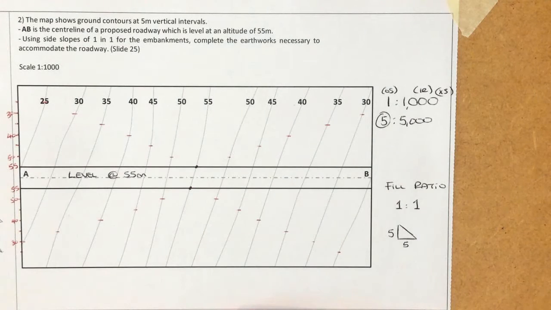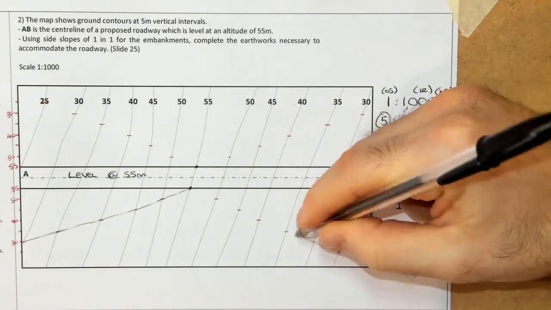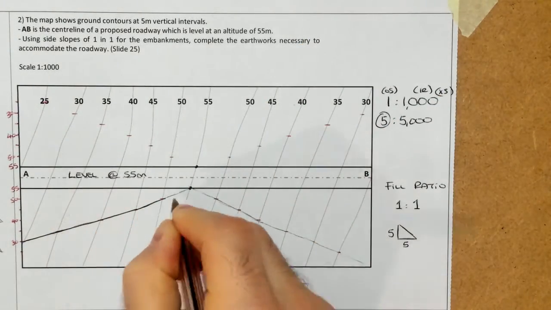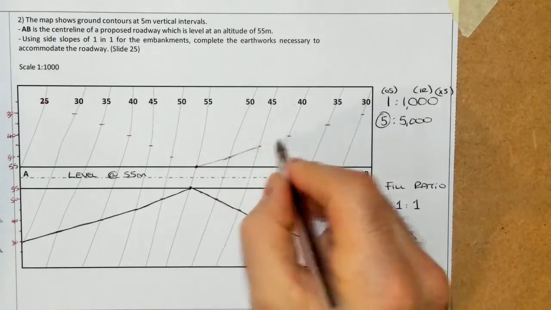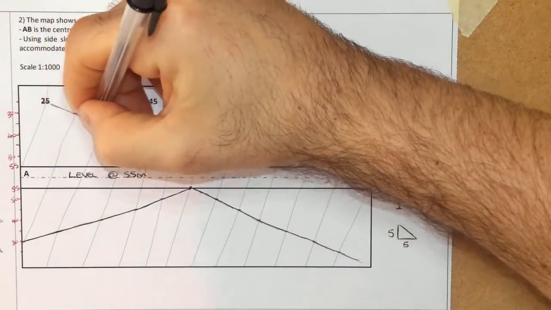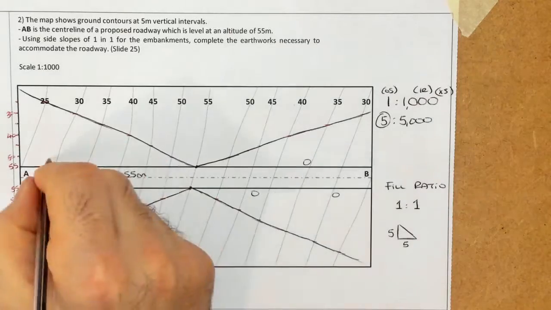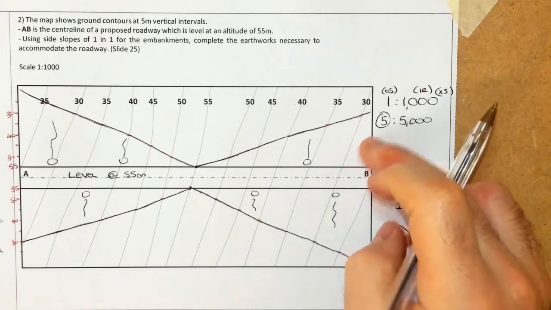What you can see is I've essentially marked all the points for my earthworks, so I'm quickly going to sketch in that curve as well. There you can see we have completed the earthworks necessary on both the northern side of the road and the southern side of the road.